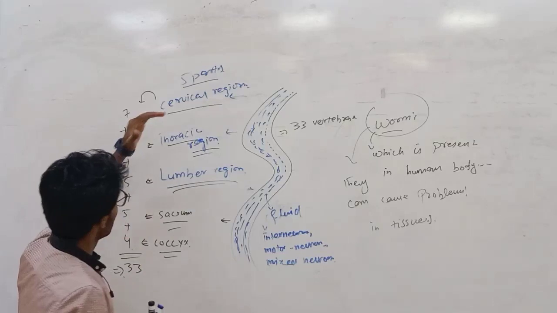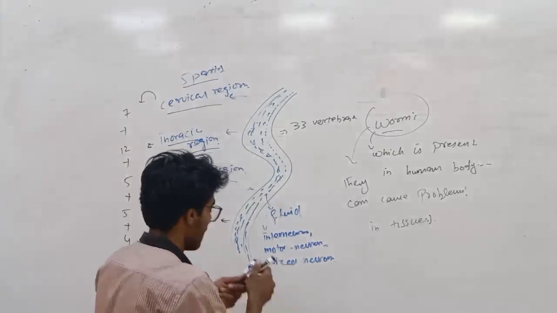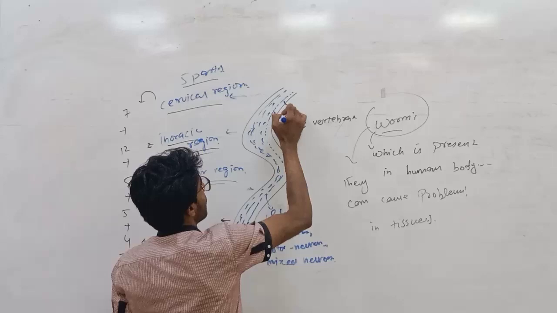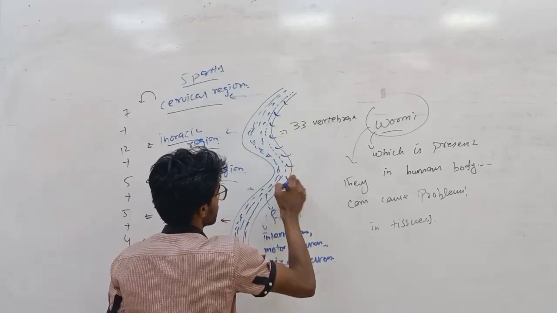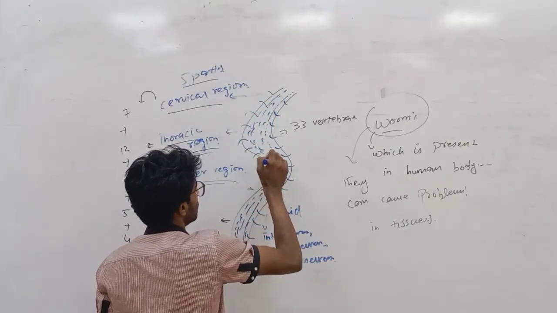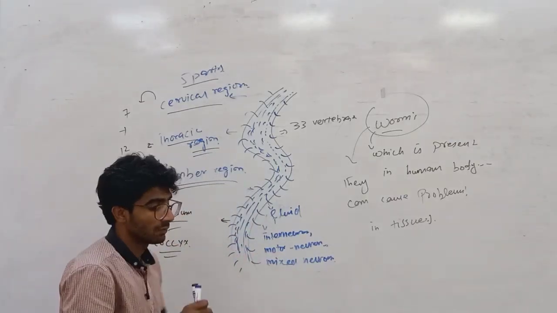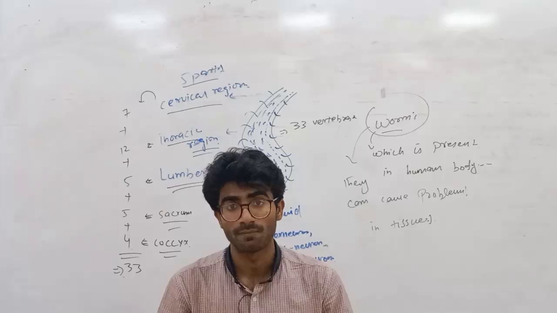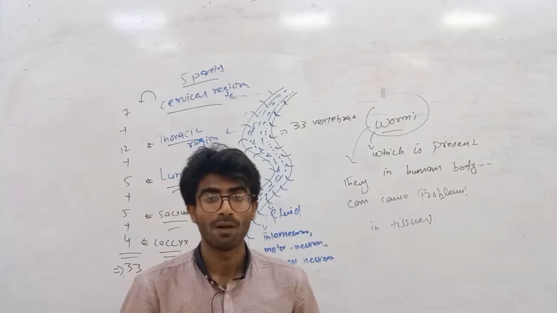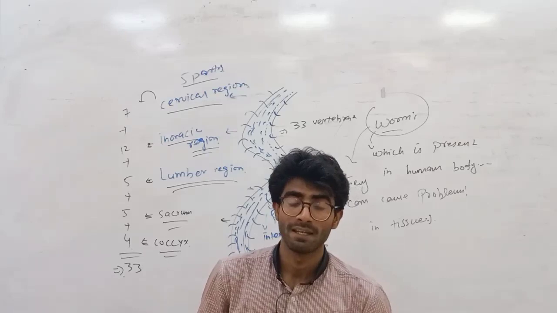So all these regions perform an important role. All these regions have nerves. Every part has its innervation, spinal nerves. These nerves go into the systems of the body, for example our circulatory system, our cardiac system, our digestive system, respiratory system.